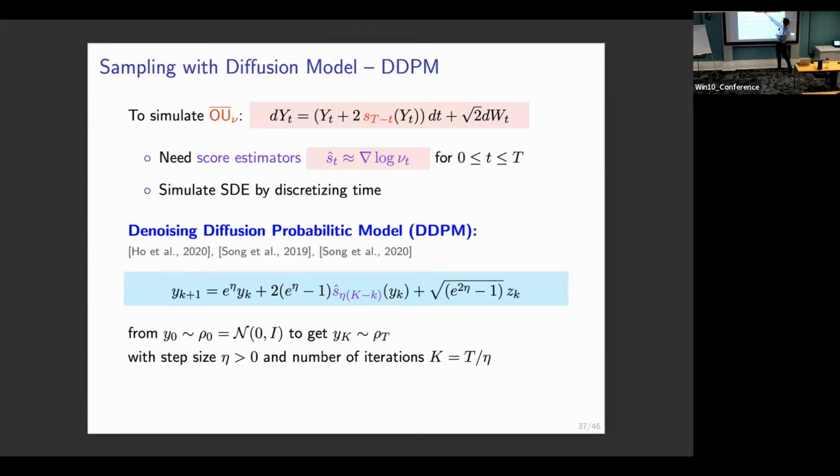If we replace this by an estimator, and then we make it constant along each small time interval, and then integrate the result, that's how we get this e to the eta and so on. But basically, we have some discrete time algorithm with step size eta, and number of iterations is capital K, which is T over eta. And then the question is, how well does this sample from the target, right, given the discretization error and the score estimator error?